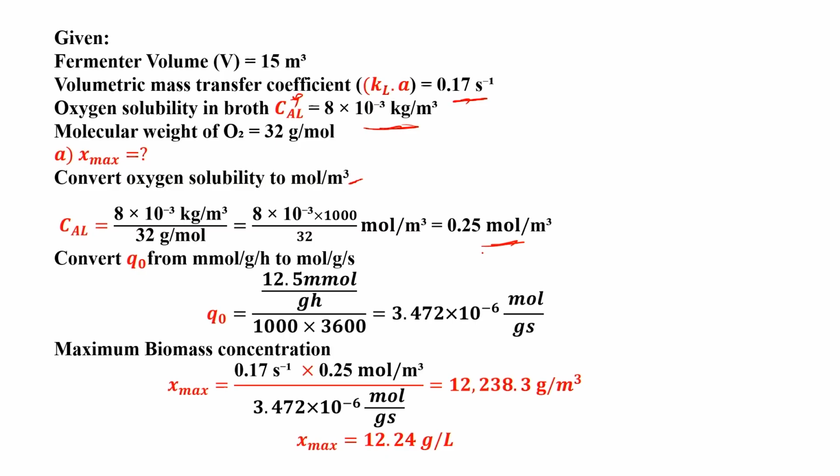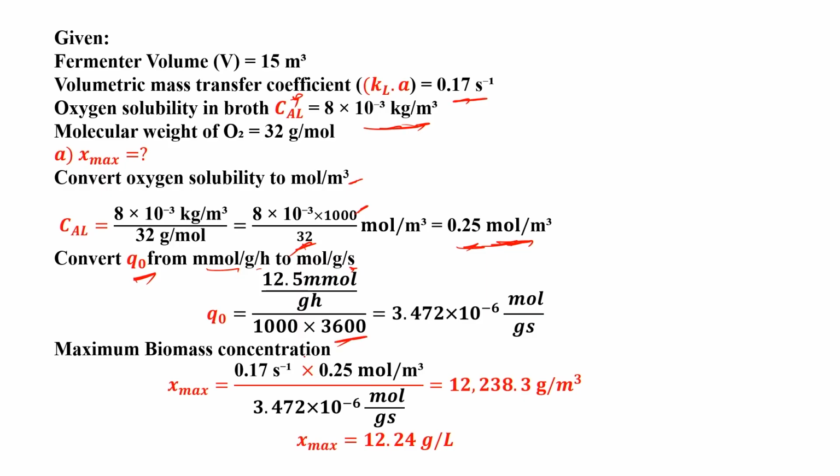One option is that whatever solubility is given in kg per meter cube, we can convert into mole per meter cube. You divide by its molecular weight and multiply by 1000 to get gram. So, now it becomes 0.25 mole per meter cube. Similarly, this Q naught was in millimole per gram per hour, and we can convert it to per second.